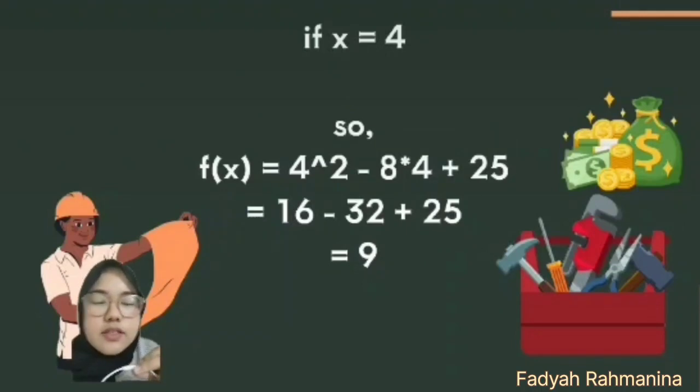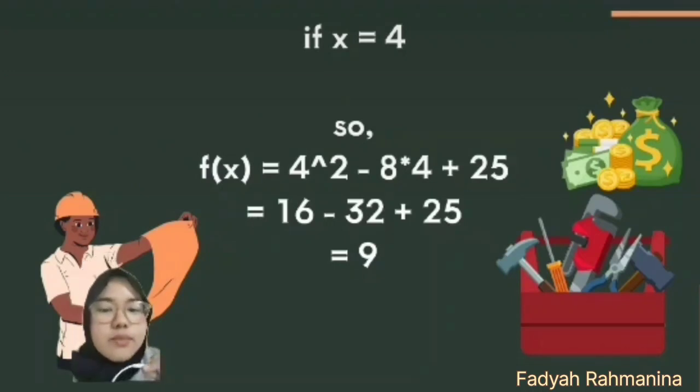After we calculate the whole formula, we can know that the result of the calculation is 9, where f(x) is the total cost in million rupiah.